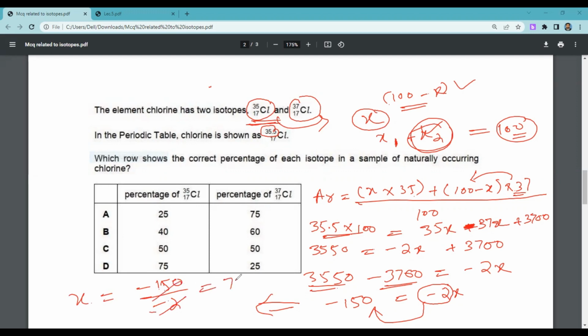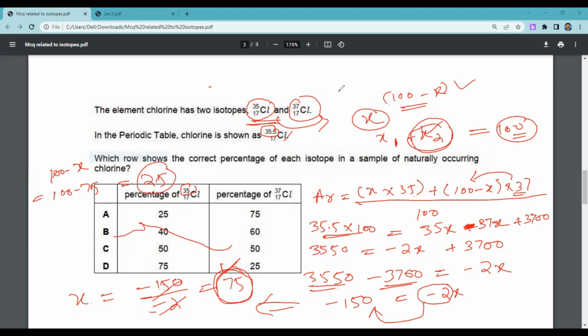So the value of the relative abundance of isotope 1, which is chlorine 35, will be 75. Now calculate the relative abundance of the other isotope. Simply 100 minus x, 100 minus 75 is equal to 25.